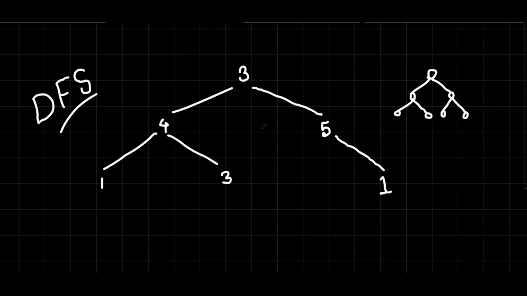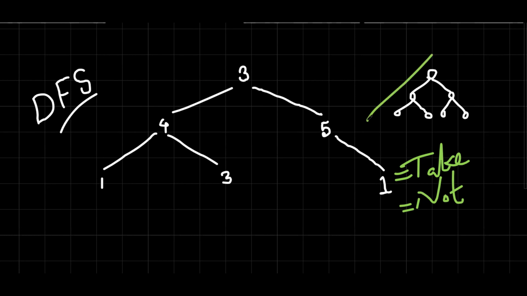Now, the optimal algorithm is, for each node, I have two conditions: whether I can take it or I cannot take it. These are the two conditions. Suppose, let's understand the theory by using this small tree.